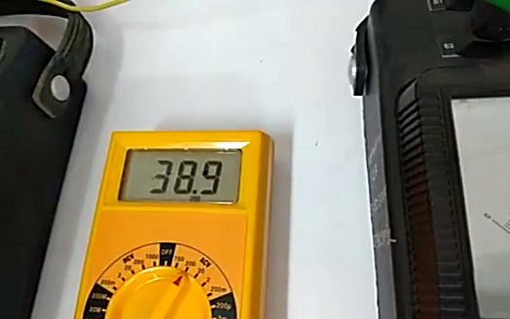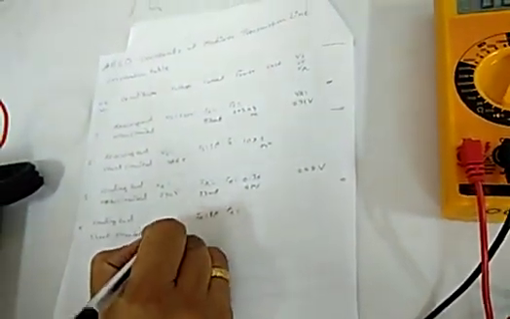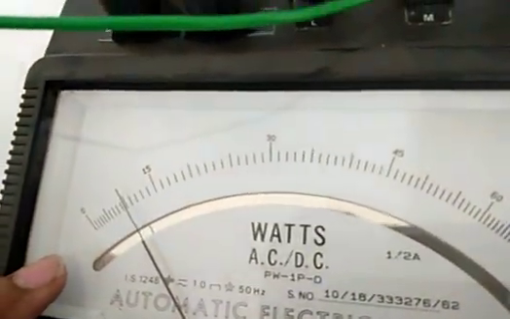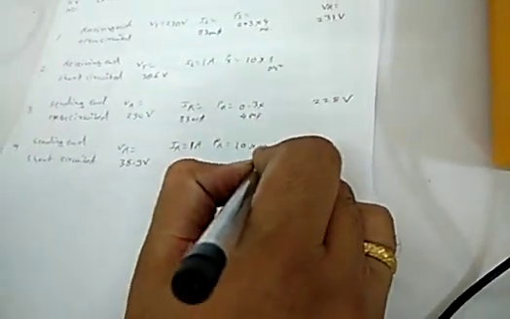So again, see, 38.9 volts. Okay, so my voltage is 38.9, and power is again 10 watts. Okay, so my receiving end power is 10 watts, multiplying factor is 1.